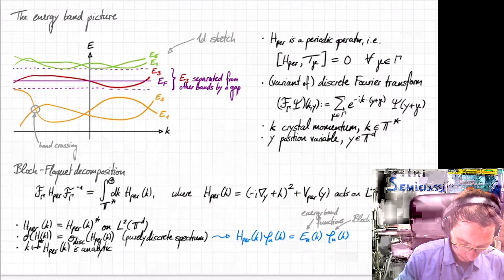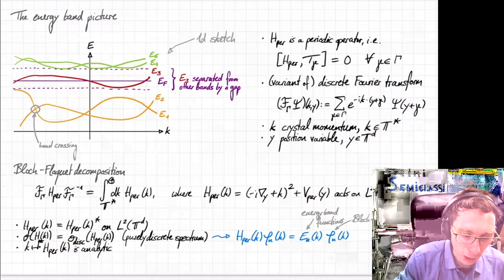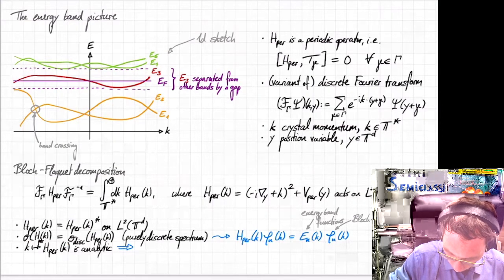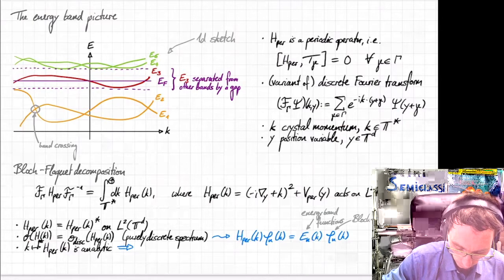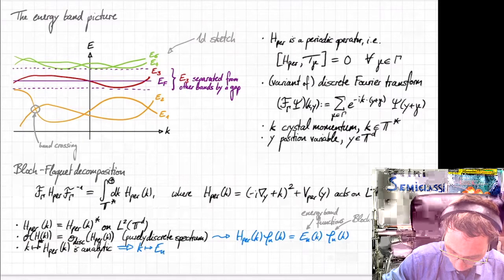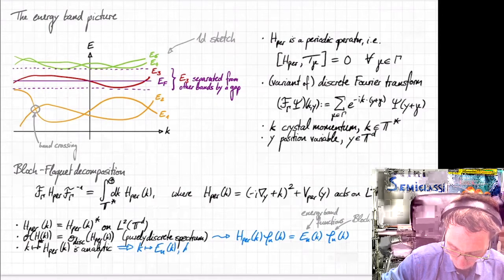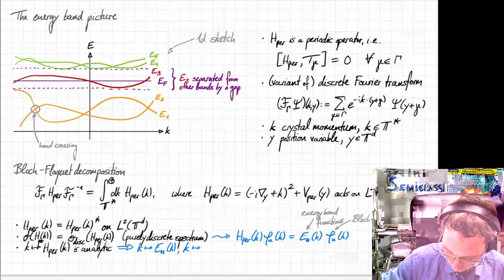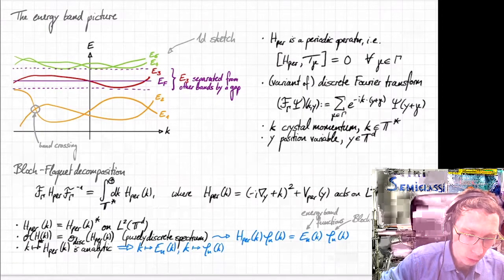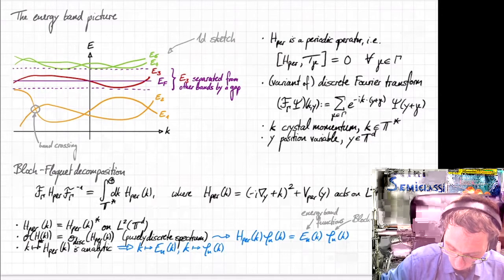So this function here is analytic in K, which implies, importantly, that both the Bloch functions and the energy band functions are also locally analytic away from band crossings.